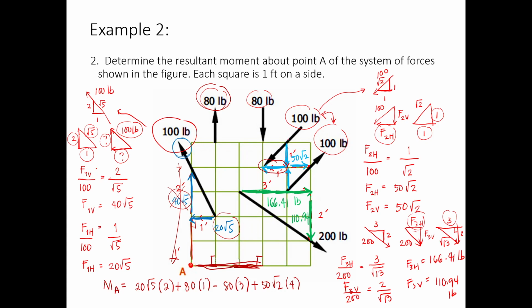And then the rotation of the other force going down will be clockwise, so that will be minus 50 square root of 2. Then the total distance is 4 also, right? Is it 4? 1, 2, 3, 4. The other one is 1, 2, 3, 4. It's 4 also.